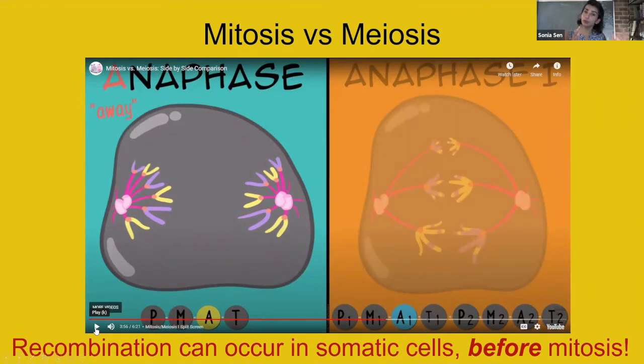So during interphase, when the chromosomes have duplicated their chromatids, that's the stage at which the homologous chromosomes can actually come together and have recombination. It's very rare, but it does occur. And then remember, after that, everything is as in this video, where you have the chromosomes lining up in the metaphase, and at anaphase they get pulled apart.